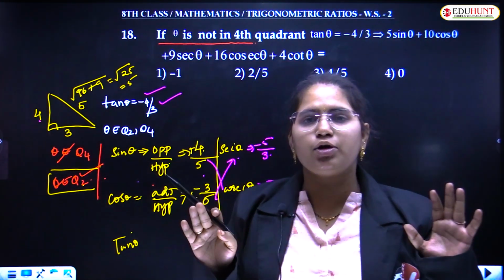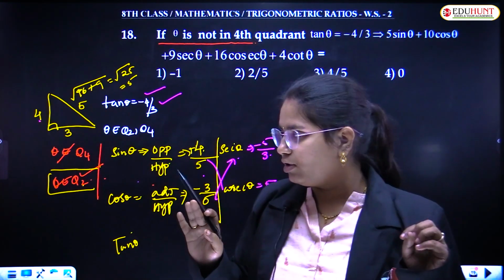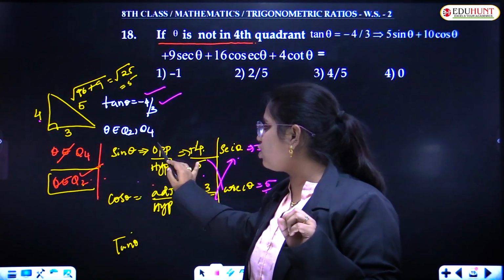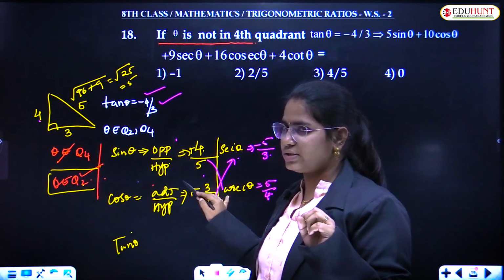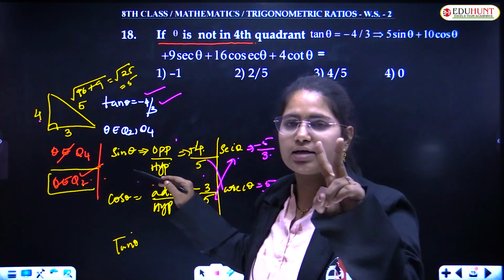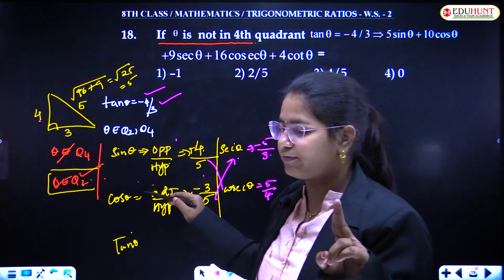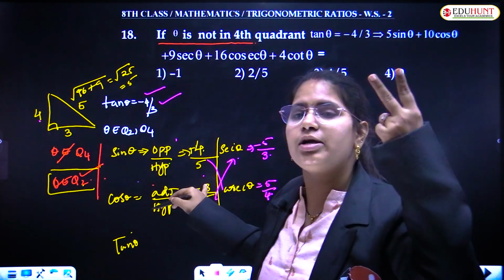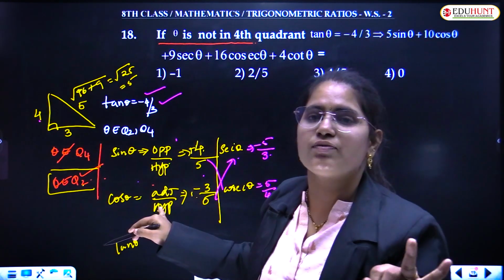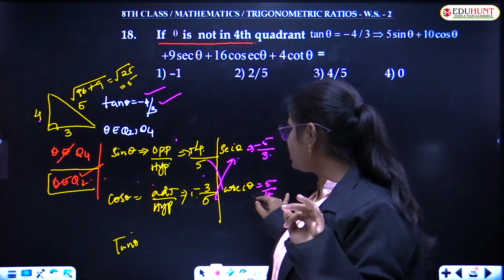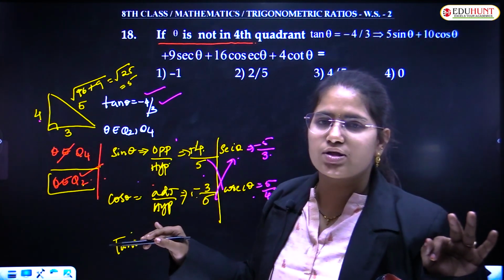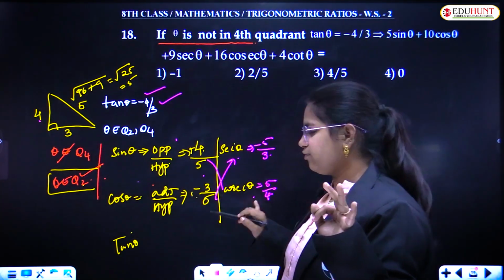Sin theta is opposite upon hypotenuse, which is 4 by 5. Why am I taking plus 4 by 5 here? In the second quadrant, sin is positive. What other trigonometric ratio is positive along with sine? The reciprocal of sine is cosec, so cosec is also positive, which is 5 by 4.